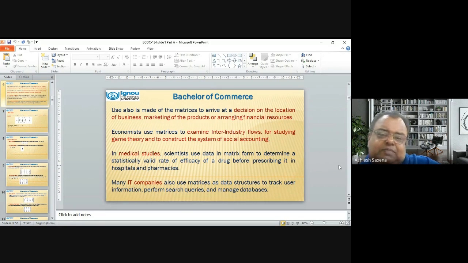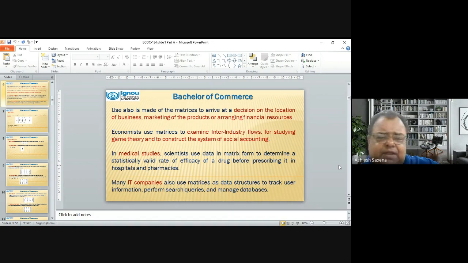Economists use matrices to examine inter-industry flows, for studying game theory, and to construct the system of social accounting. As far as your medicine studies are concerned, scientists use data in matrix form to determine a statistically valid rate of efficacy of a drug before prescribing it in hospitals and pharmacies.